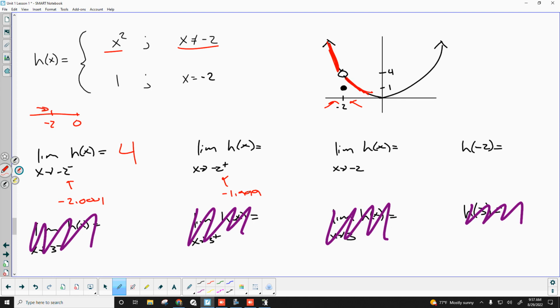It is not equal to -2, so I'm using x squared. I get 4. Because this number is the same as this number, that's 4. I don't care that at -2, we have this point. I don't care that h of -2 is 1. This has nothing to do with this. Got it? All right.